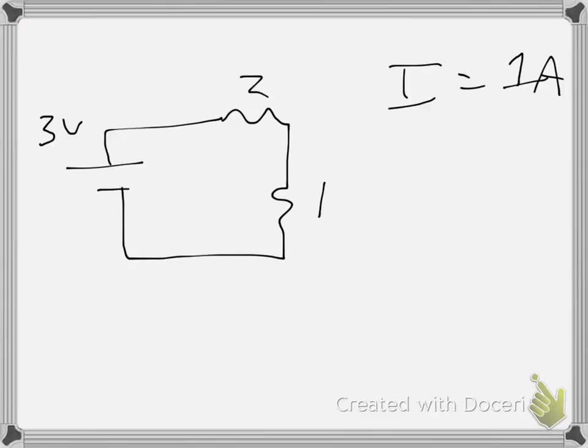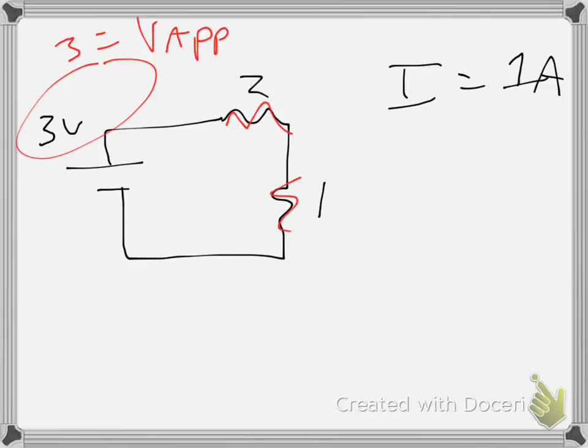And we can find this later in a different video, how I found that, but let's say current is 1 amp. So my applied voltage is 3. So that means the voltage across this resistor and the voltage across that resistor better add up to be 3. We'll call that V1 and that V2.